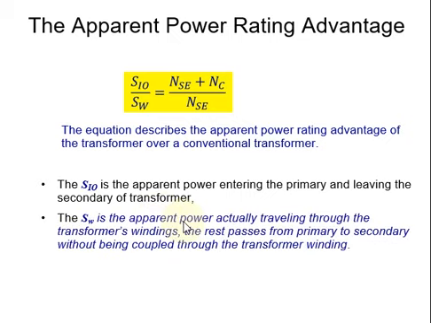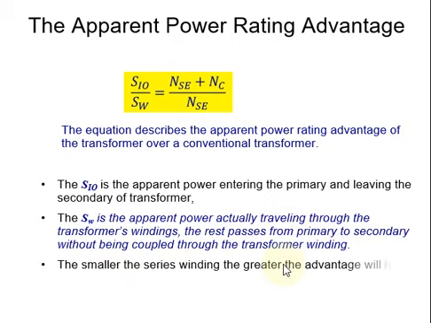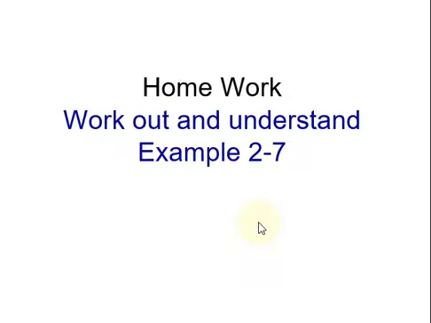Similarly, SW is the apparent power actually traveling through the transformer's windings. That's why it is shown with SW. The rest passes from primary to secondary without being coupled through the transformer winding. That's why the smaller the series winding, the greater the advantage would be.